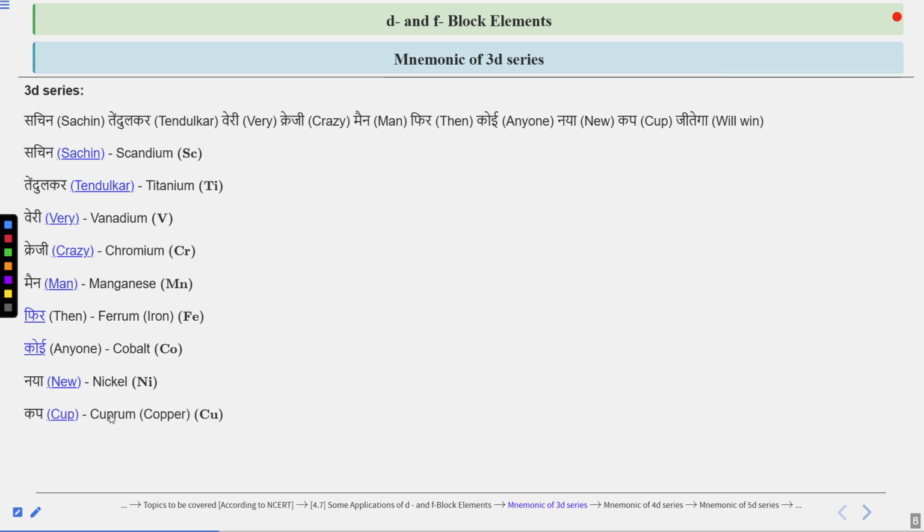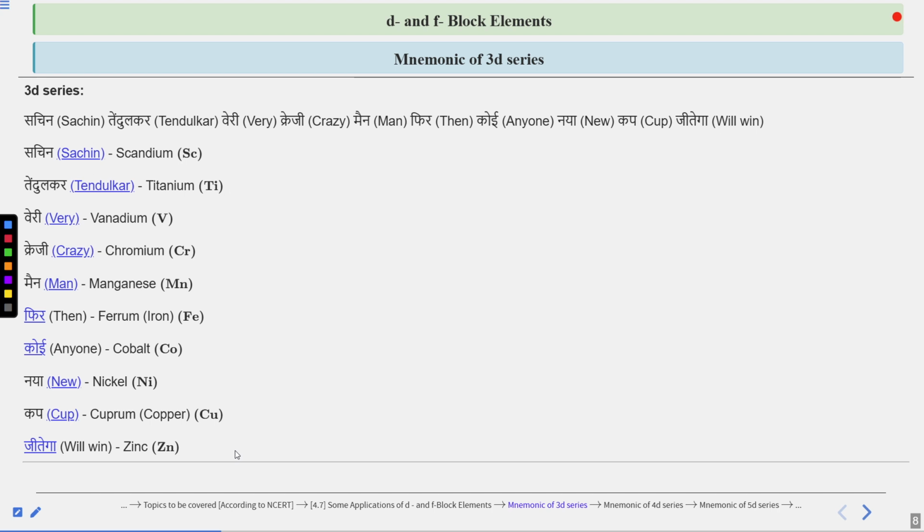Cup we are relating with cuprum or copper, that is Cu. And lastly jeetega, that is we are relating with zinc, that is Zn. Okay, so we are relating our mnemonic word with the symbol or the element name, which is very relative to the Hindi word.